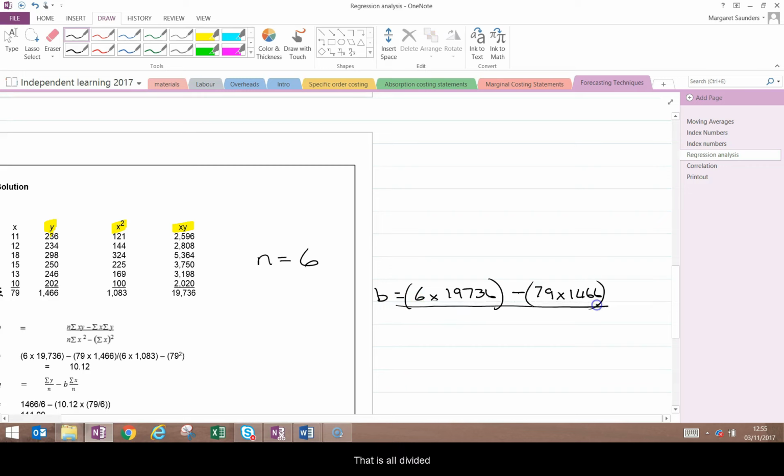That is all divided by N times sigma X squared, the total of the X squared column, minus sigma X, so the total of the X column, which we then need to square.